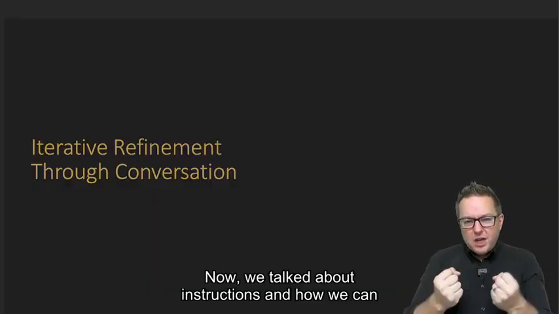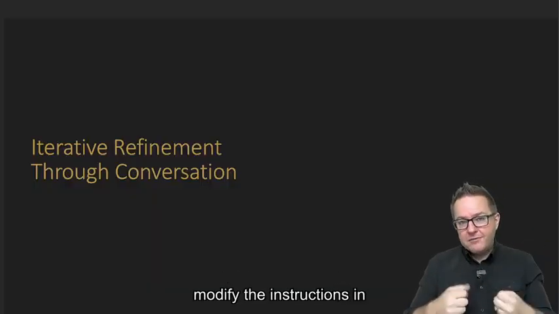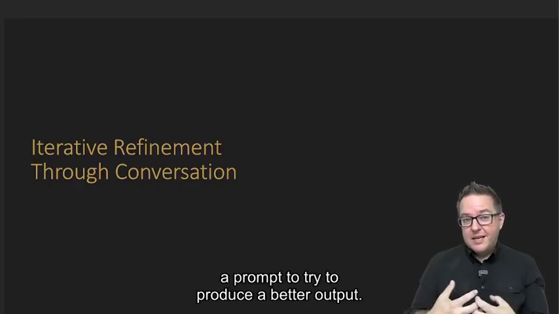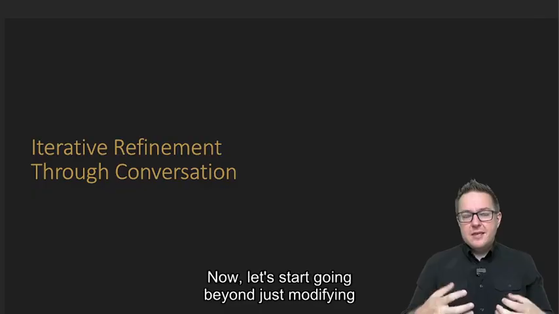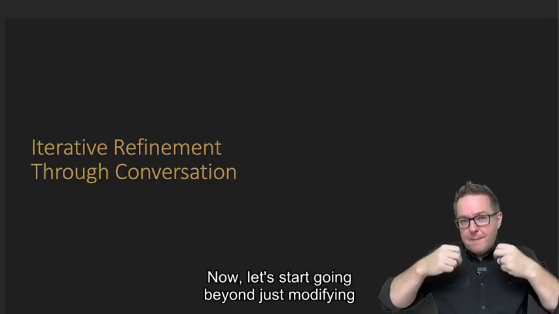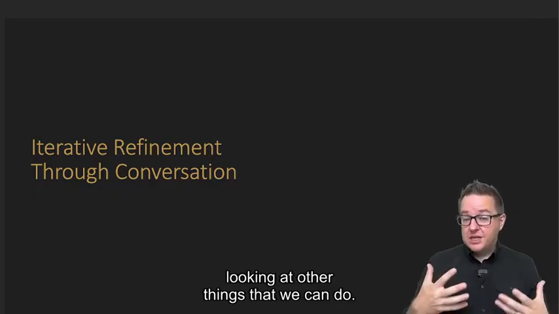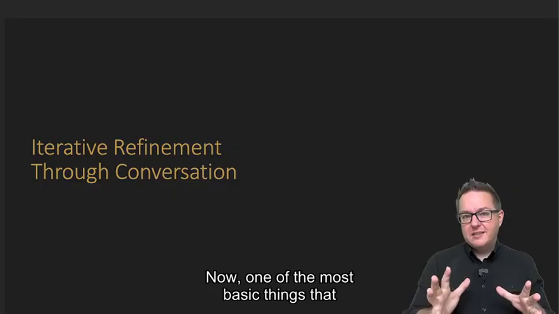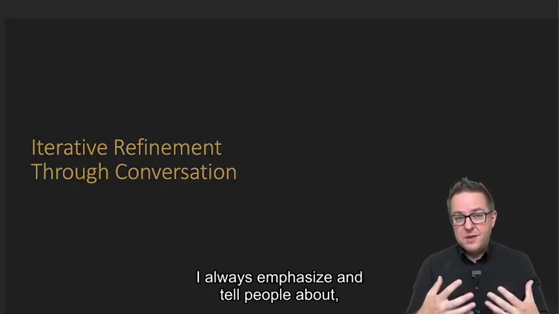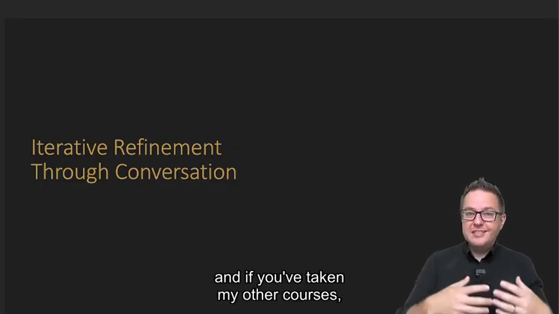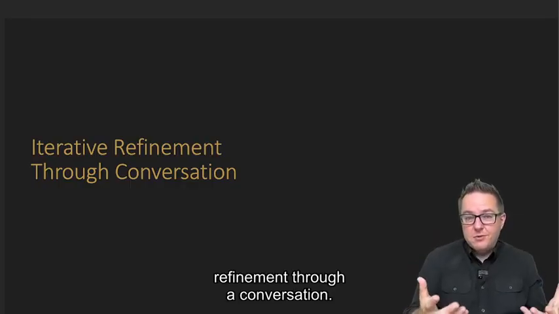Now, we talked about instructions and how we can modify the instructions in a prompt to try to produce a better output. Now let's start going beyond just modifying the instructions and looking at other things that we can do. One of the most basic things that I always emphasize, if you've taken my other courses, is this idea of iterative refinement through a conversation.